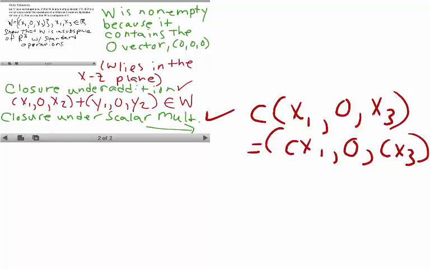After checking to ensure that W was non-empty and that the closure properties hold, it would be necessary to check the other 8 properties which we discussed in the previous video. As long as those are all satisfied, then we can say set W is a vector space.